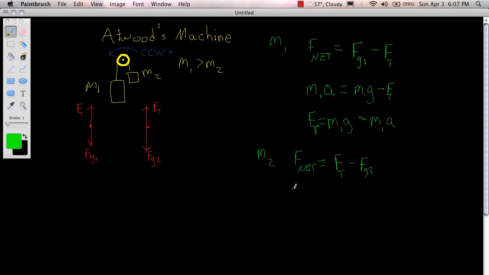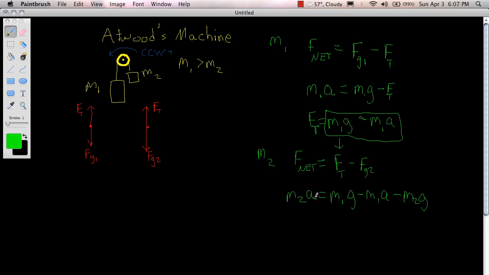F net for this one is just M2 a, and that's going to be equal to tension, but tension, we found, is this. Because it's the same on both sides, we can plug it in there, and we get M1 g minus M1 a minus the weight of this guy, which is M2 g.